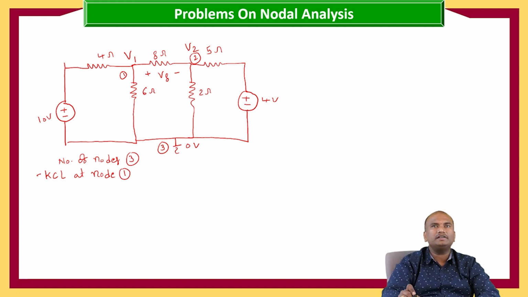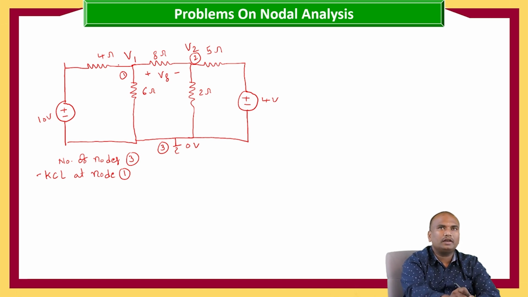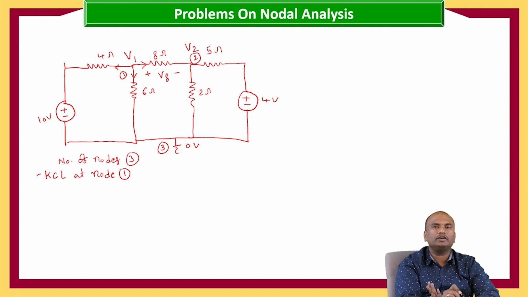The algebraic sum of currents at a node is equal to 0. Since we assume all currents are leaving the node, all the currents will be positive. That is our assumption, and it makes writing the equation easier.